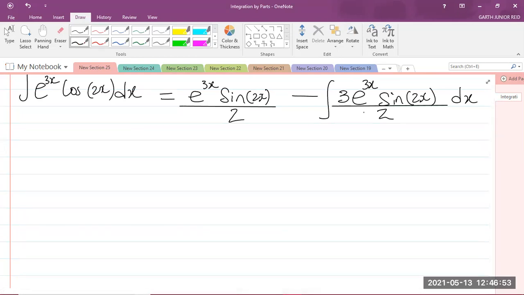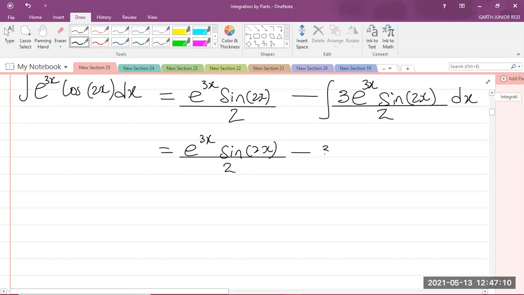So what I have now is e to the power of 3x times the sine of 2x, divided by 2, minus 3 over 2 multiplied by the integral of e to the power of 3x times the sine of 2x.